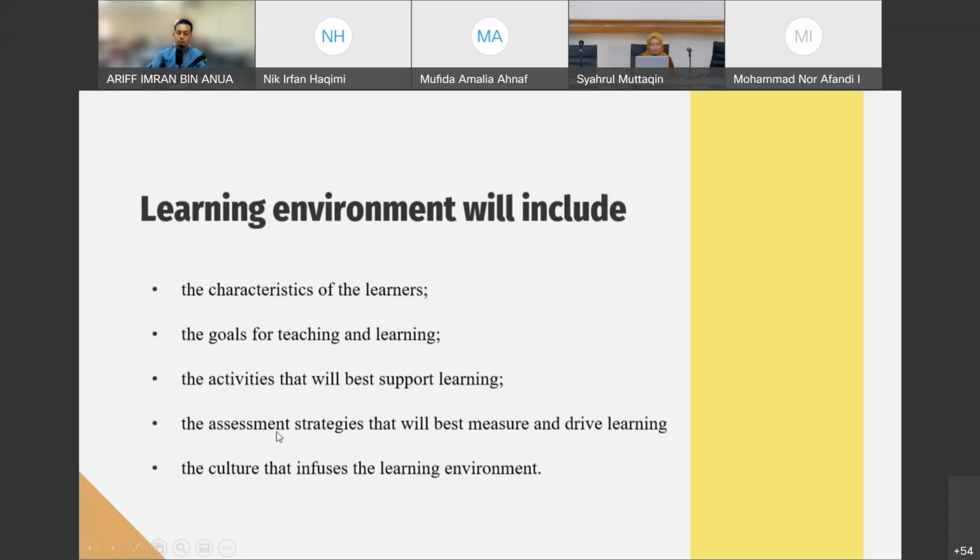And then the teacher should also be well skilled with the strategies how to assess the students' performances. And then the last is the learning environment will also include the culture that infuses the learning environment. We cannot put aside this culture, since what the students or what the learners do, it will reflect what they usually do at home.